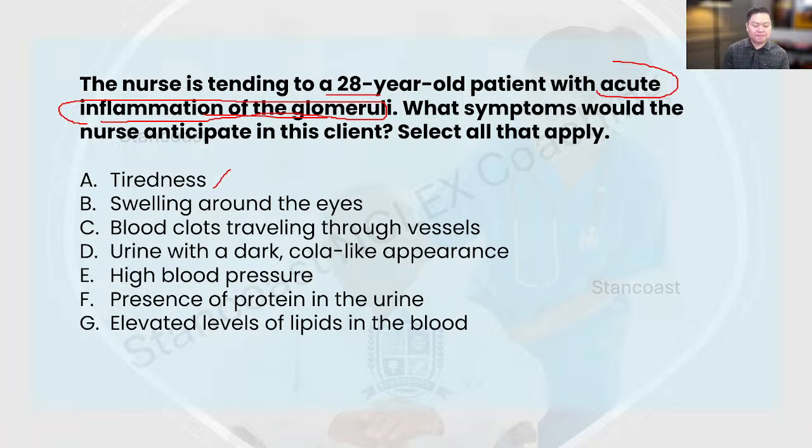Okay. Now, let's take a look at letter C, blood clots traveling through the vessels. I want you to recall the concept about the glomerulonephritis. Did we talk about possible clotting in those different classifications that I mentioned yesterday? No. And so thromboembolism is not a typical manifestation of the glomerulonephritis.